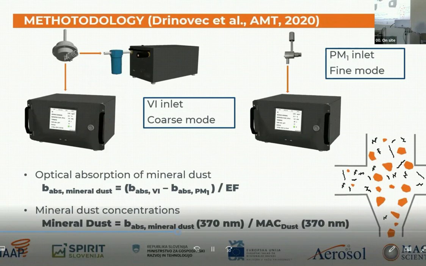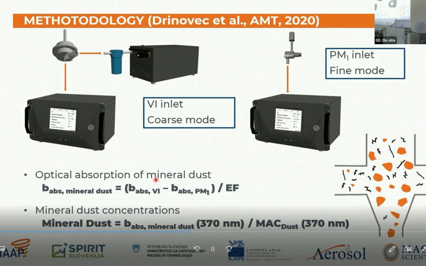Anyway, we can correct the mineral dust light absorption estimation for black carbon in the coarse mode sample with the enhancement factor, which I already said is the characteristic of our setup. So here is the estimation of optical absorption of pure mineral dust.